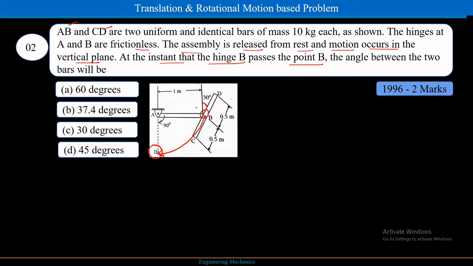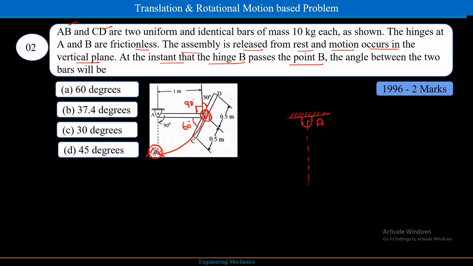This is already 30 which is given, so this is 90 degrees. So 90 plus 30, and here the total angle should be 180. So 30 plus 90 is 120, so this is going to be 60 degrees, right? So if this is 60 degrees, according to the question, this is my hinge A, and my B position is going to come here.